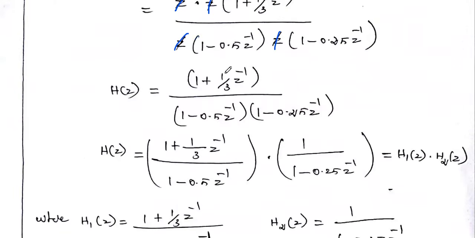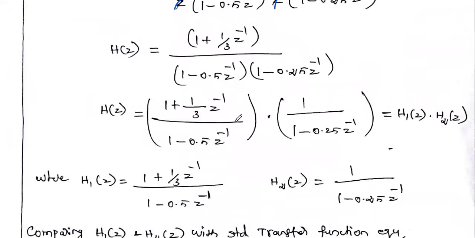So now we have to split this H(z) as a product of two single order transfer functions. Any method can be used to split. Here I am considering (1 plus 1/3 z inverse) divided by (1 minus 0.5 z inverse) as H1, and the remaining 1 divided by (1 minus 0.25 z inverse) as H2.